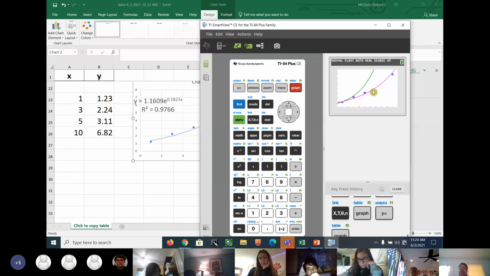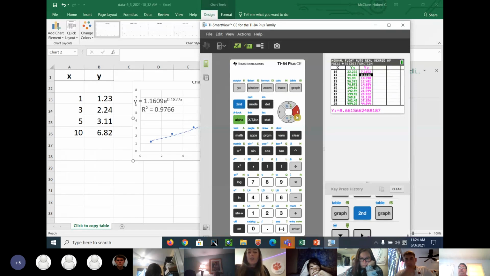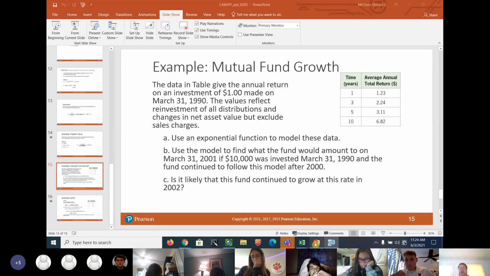Y'all see that? So now go to your table. Go to the table and now go to 11. And there's your number, multiply that by 10,000. Now, the second question says, is it likely that this fund continued to grow at this rate in 2002?